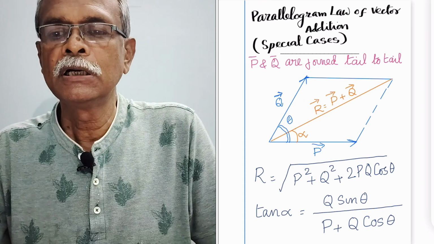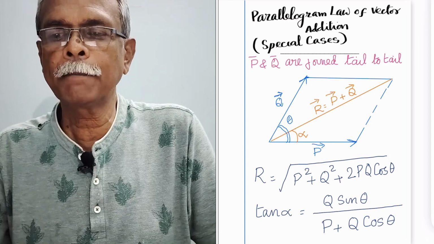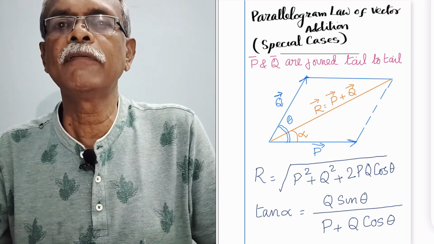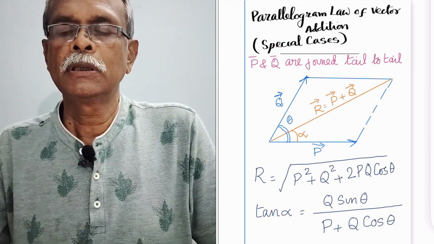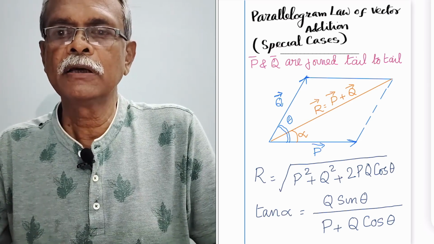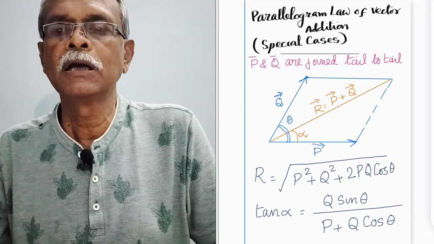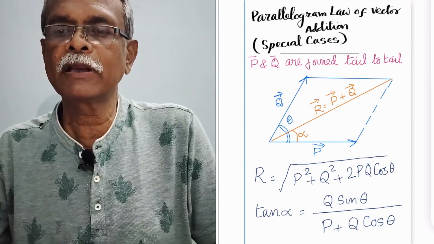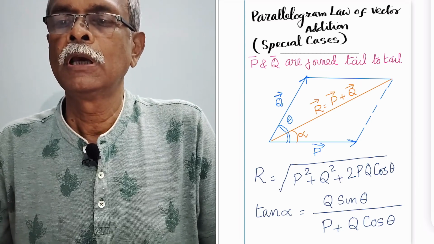The direction of the resultant, that is the angle of the diagonal with the vector P, is given by Q sin theta divided by P plus Q cos theta. Therefore, the vector from which we are taking alpha comes in the denominator, and the other vector will come in the numerator.